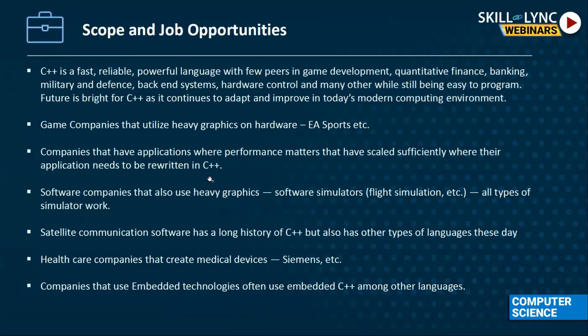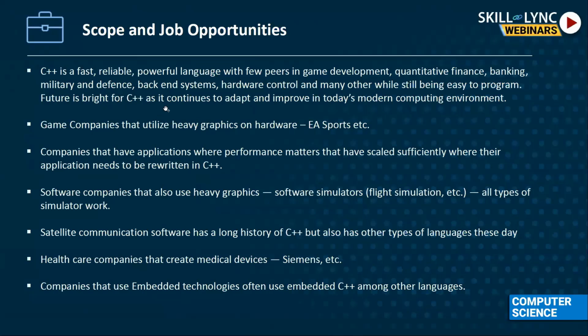And the last part is scope and job opportunities. Why does industry prefer C++? Even though it is a very old language, companies still prefer it and are still working on it. It has some strong features that make companies use this language.